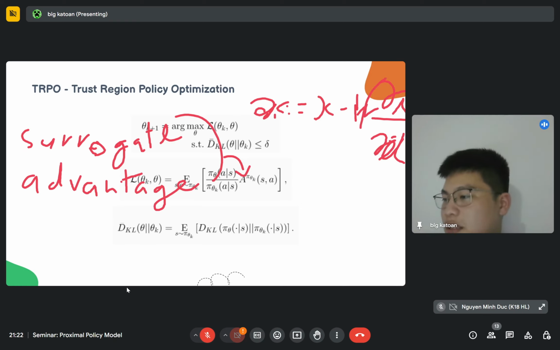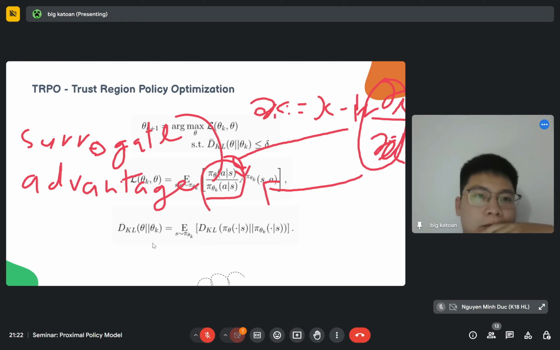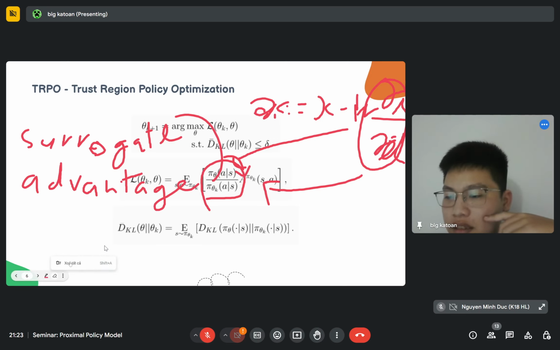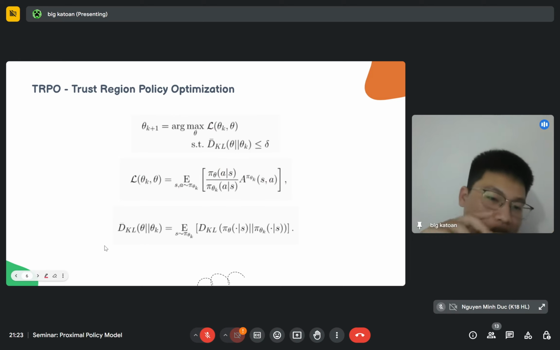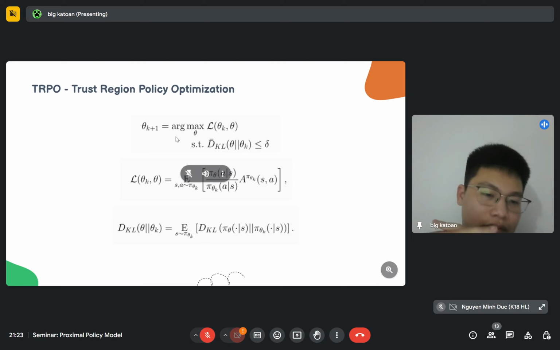So this part is actually the A. It defines how good the model is, and the LR is just the differentiation between pi and pi. You can understand it like that for simplicity. It can be different in some documentation, but we can define it like that for easy understanding.